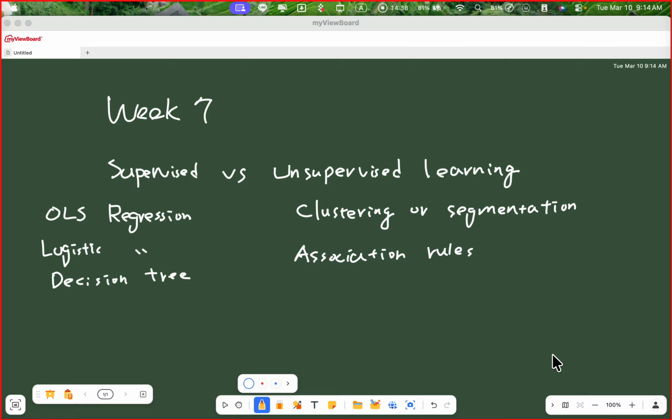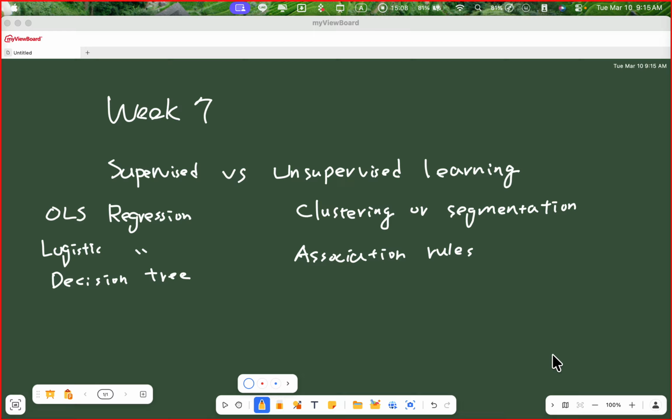Now in the data, I think in week 5 or week 6, I started talking about fitting a model to data. We will still talk about this one.